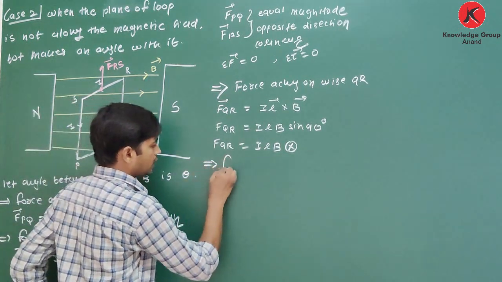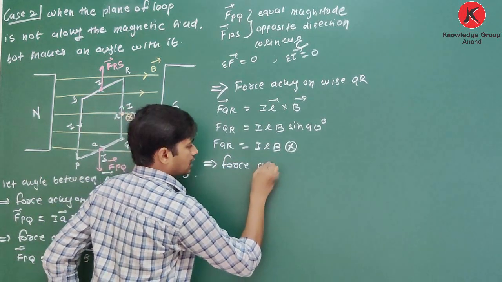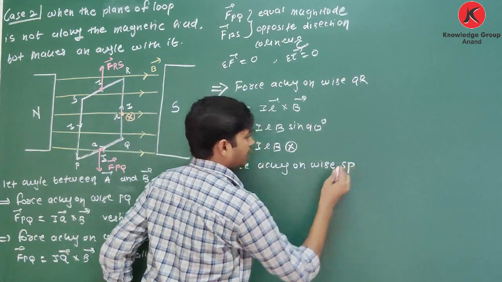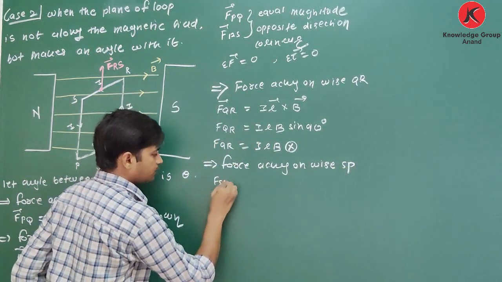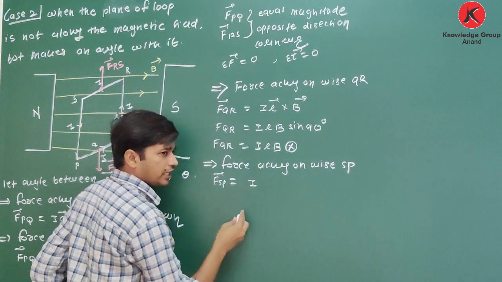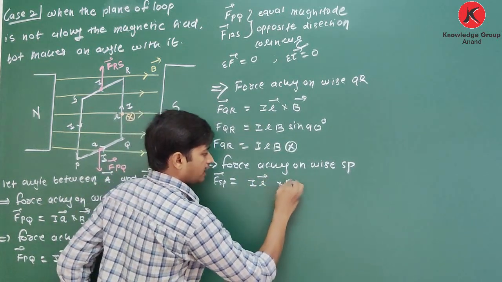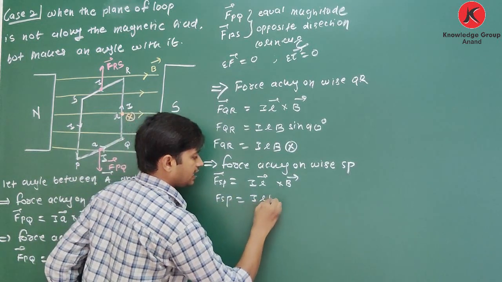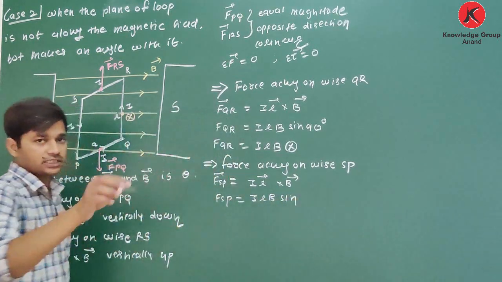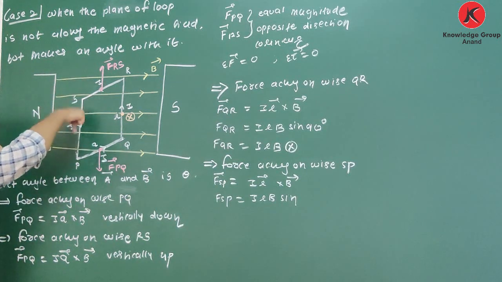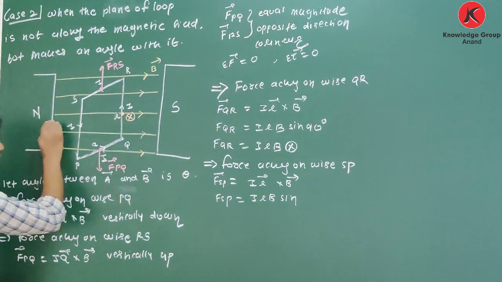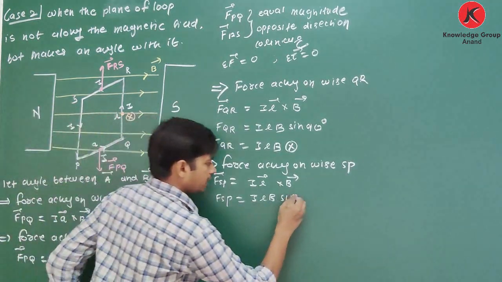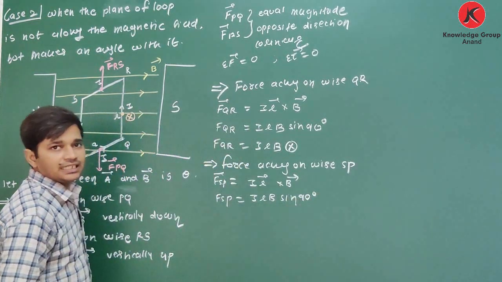Okay, now what is force acting on wire SP? F SP is equal to current flowing I, length L, magnetic field B, its magnitude F SP is equal to I L B sine theta. See, current is flowing in this vertical direction, magnetic field is horizontal. What is angle between vertical and horizontal? Yes, it is 90, and sine 90 is equal to 1.